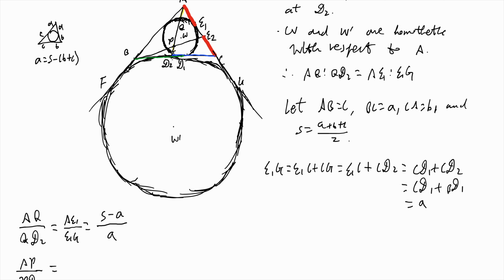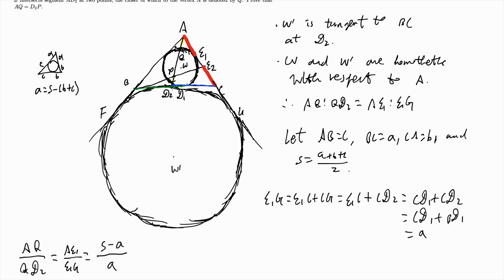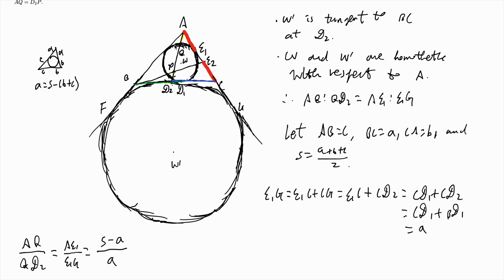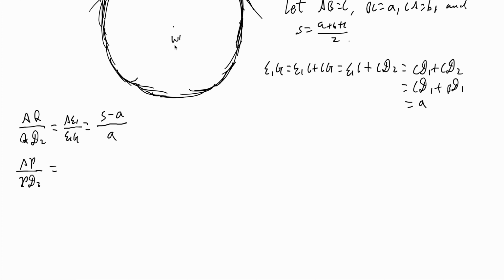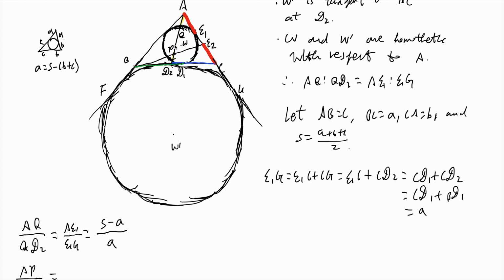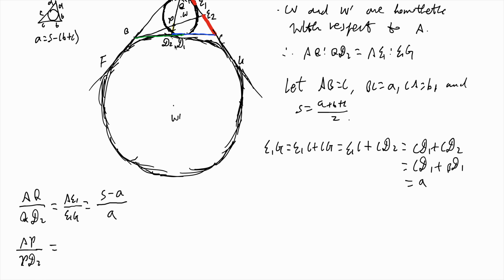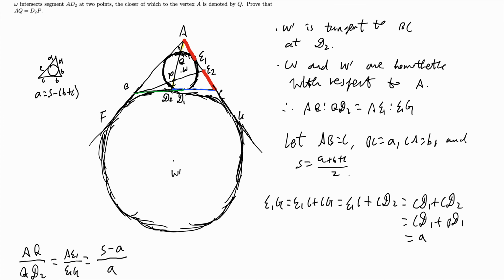How do we find AP to PD sub 2? Let's try and find PD sub 2 first.